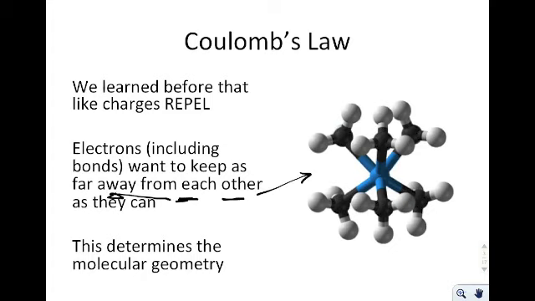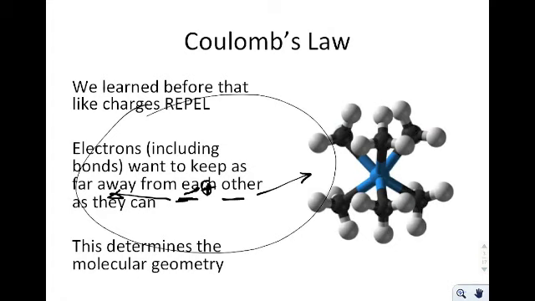Now, the reason the electrons don't keep going further and further away is there's actually a nice little positive charge in the middle that's pulling them together. So as a result, these charges are attracted in the sense that they want to stay within a certain distance, but at the same time they want to get as far away from each other as they can.